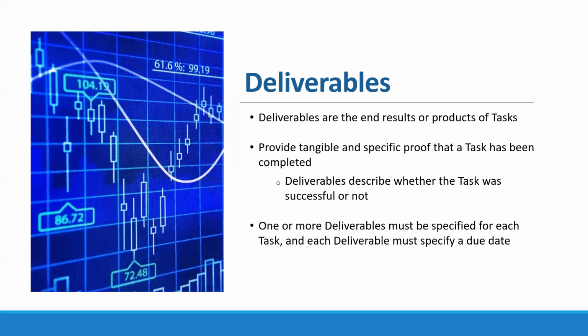A deliverable should be written to be general enough that it's able to cover all possible results or all possible end products or outcomes, including the possibility of failure. I'd also like to emphasize there should be 1 or more deliverables specified for each task, and each deliverable needs to specify a due date.